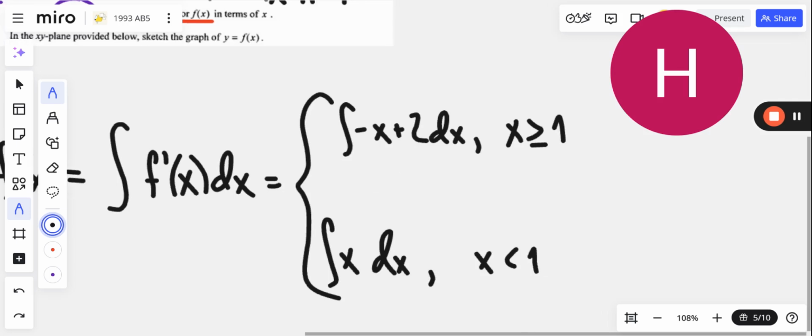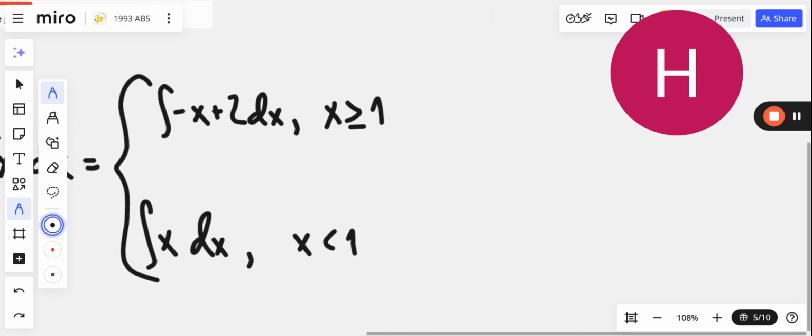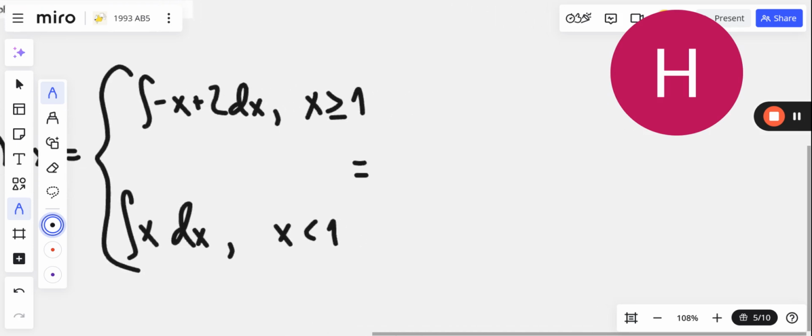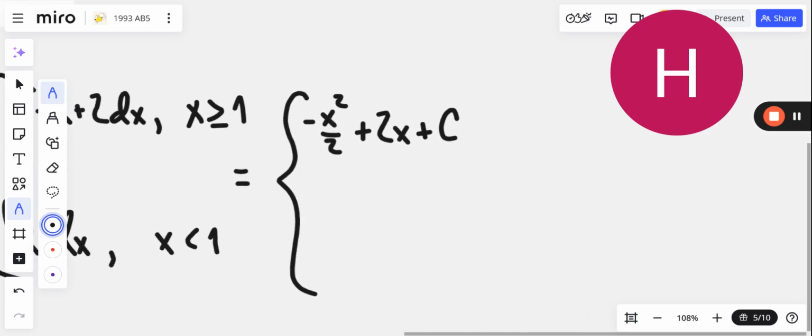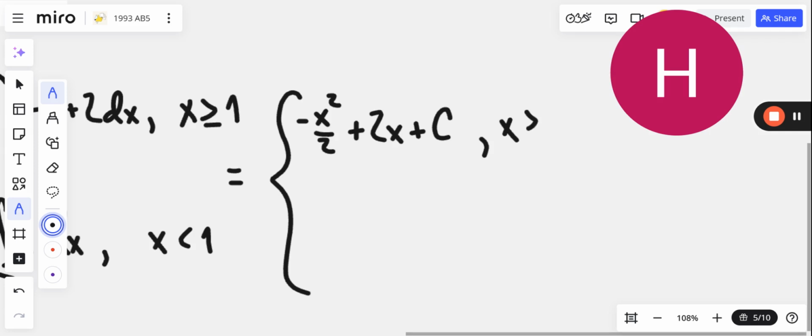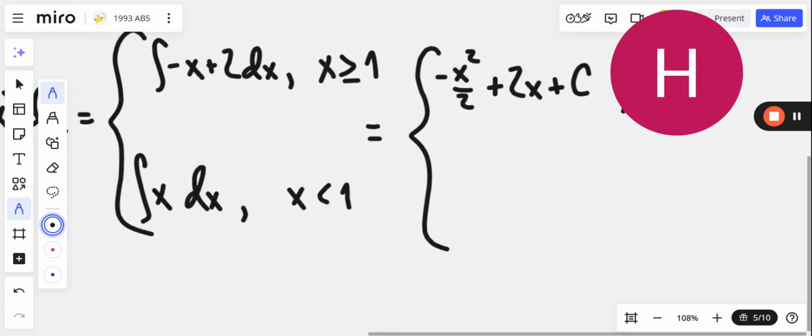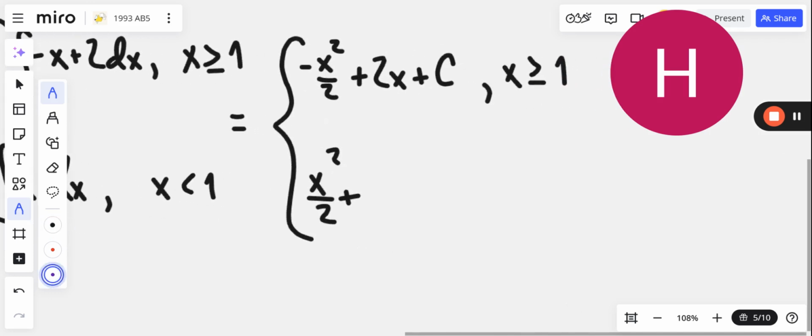So here's the interesting thing about this problem: when we take the antiderivative, of course, we're going to get the plus c, right? So this is going to be negative x squared over 2 plus 2x plus c. And that is, again, when x is greater than or equal to 1. This one, on the other hand, is going to be x squared over 2 plus, and I'm not going to call it c, or I guess I could just call it c2.